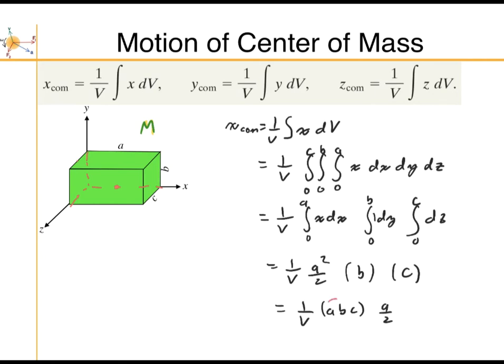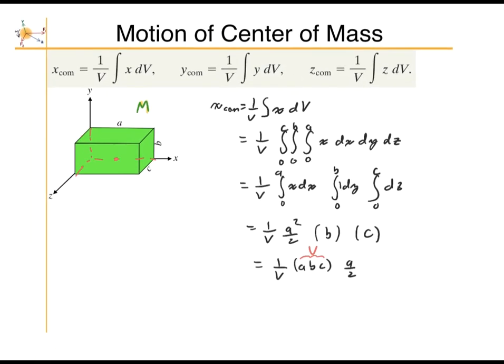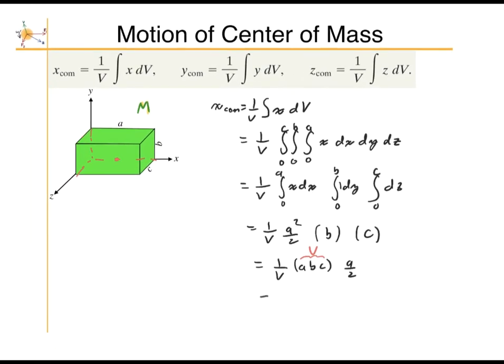And notice that a, b, c, width times height times length, is just the volume, right? So this becomes 1 over the volume times the volume times a over 2.